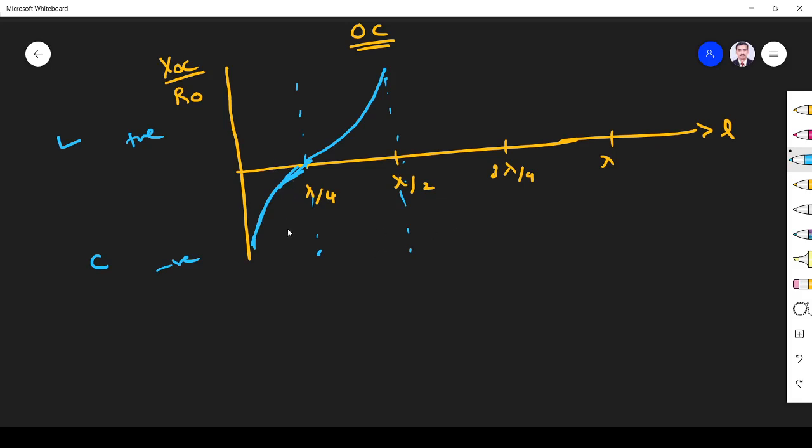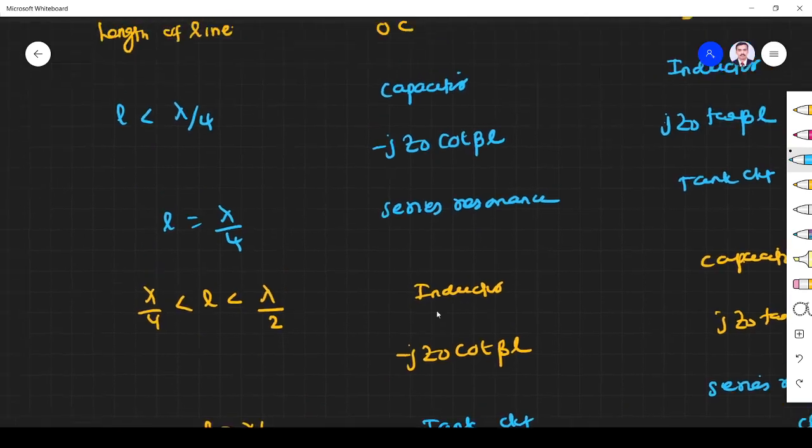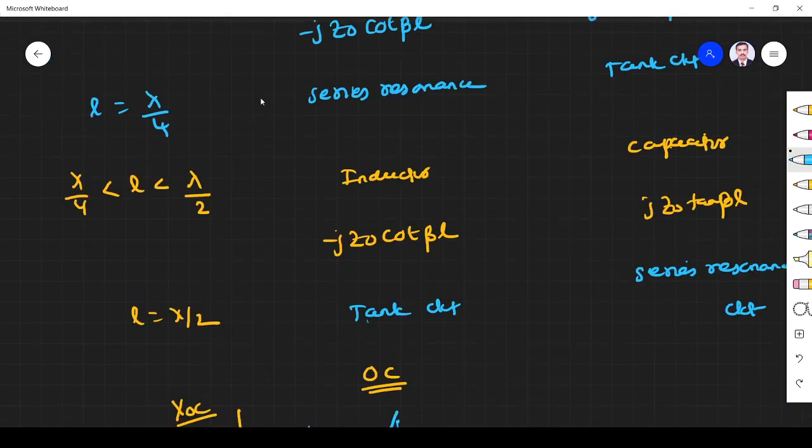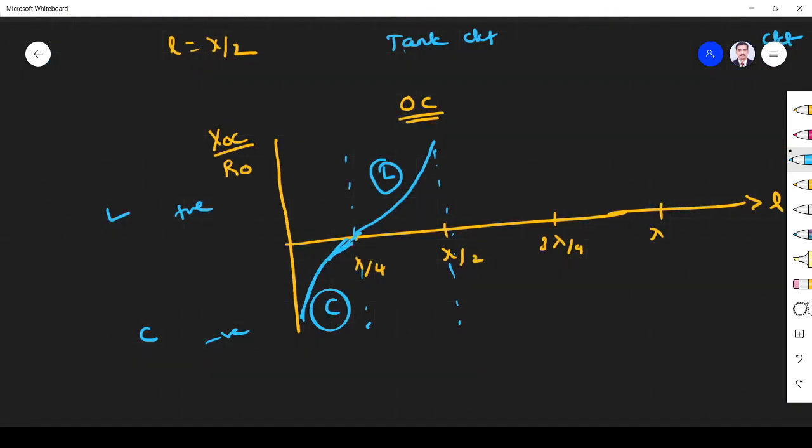The same thing will repeat for every lambda by 2.